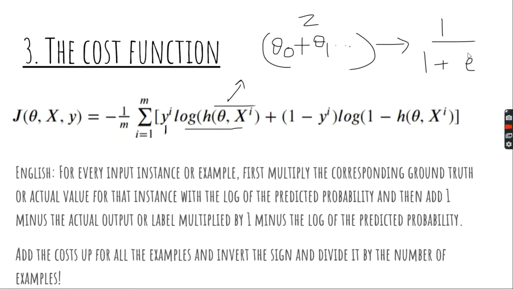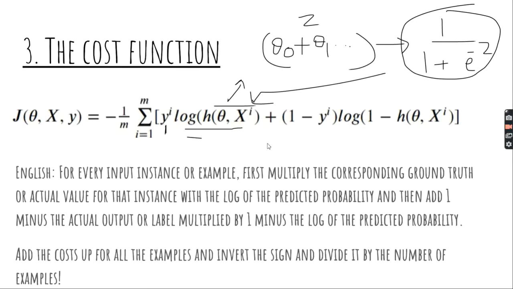So if this is z, then this is our output, and this output is the one that we are talking about. Essentially we do this for all the samples, and we divide it by m because it's an average cost. And there's a negative sign because at the end we need a positive value for cost, and inside there will be negative, so that cancels out and we have a positive cost.